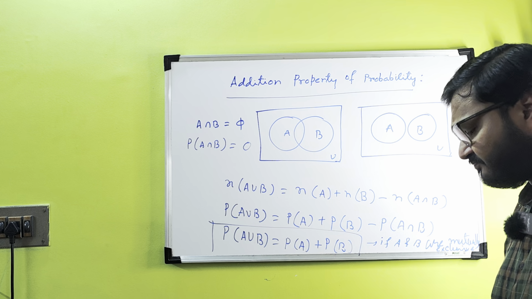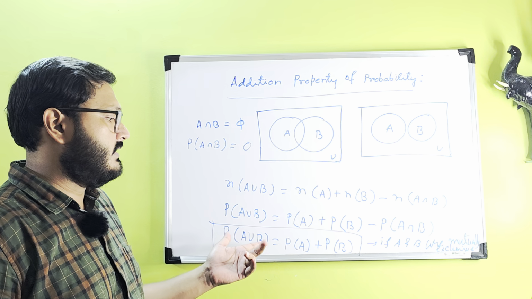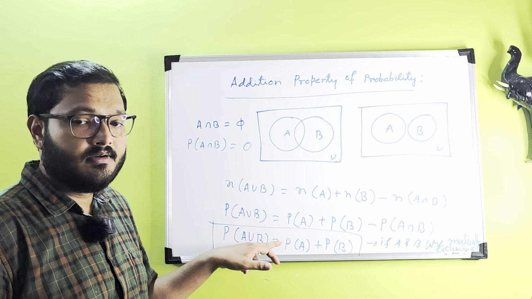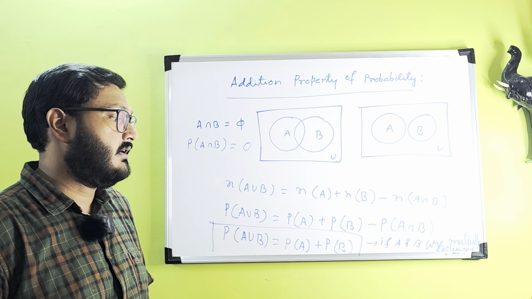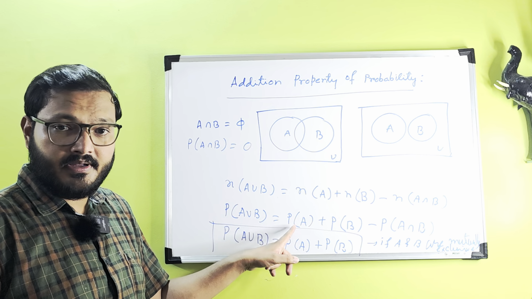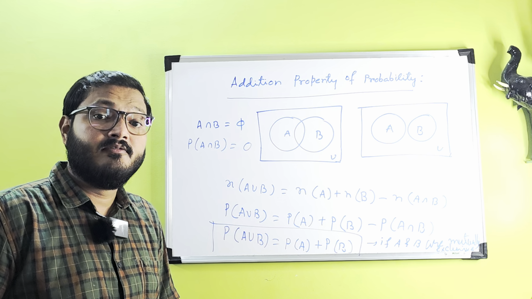I hope it's clear. This is only for mutually exclusive events: the probability of A union B equals the probability of A plus the probability of B. Otherwise, the probability of A union B equals the probability of A plus the probability of B minus the probability of A intersection B.